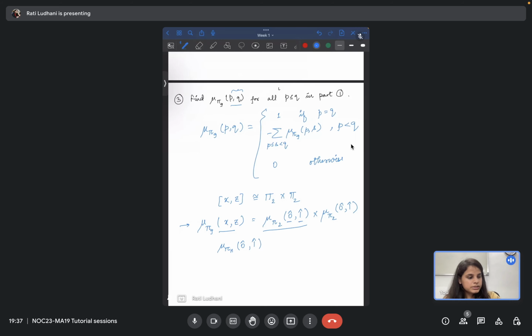So you have this, and this should be equal to minus 1 raised to power n minus 1, times n minus 1 factorial. In our case, mu of pi 2 0 hat 1 hat is equal to minus 1 raised to power n minus 1 times n minus 1 factorial.